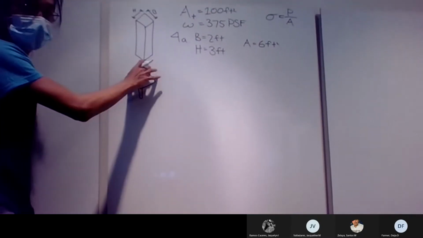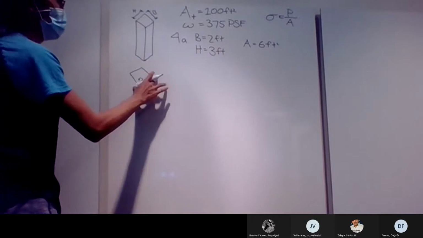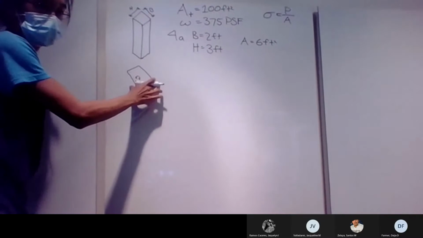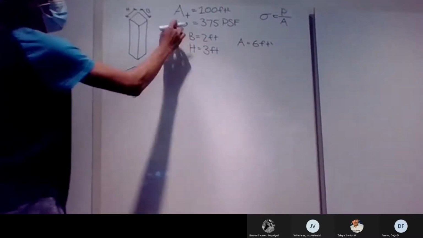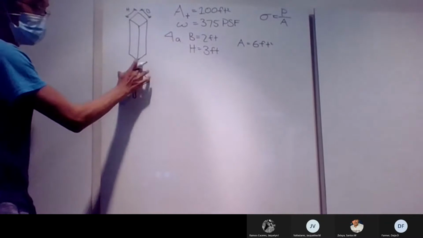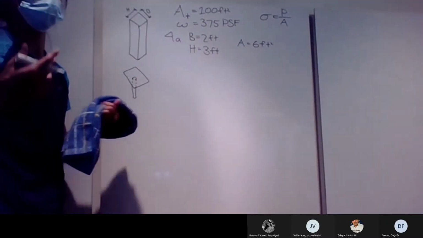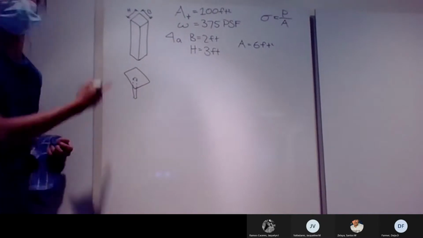There's a slab resting on top of a column, and this tributary area is for this slab. The load is on this slab. So now you want to figure out what the axial load is onto this column.